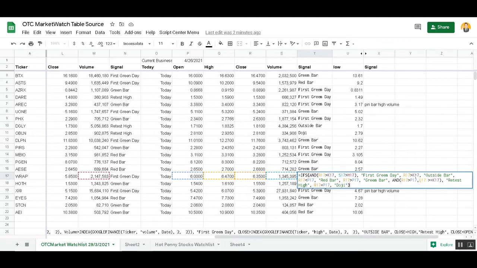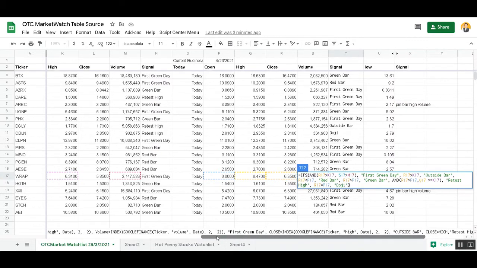So as you can see, K17, let's look at alphabet K17, which is the high.